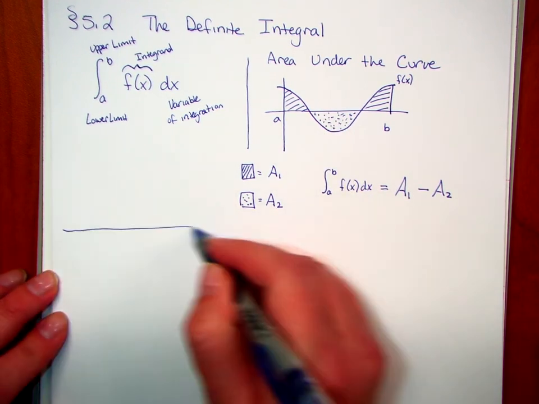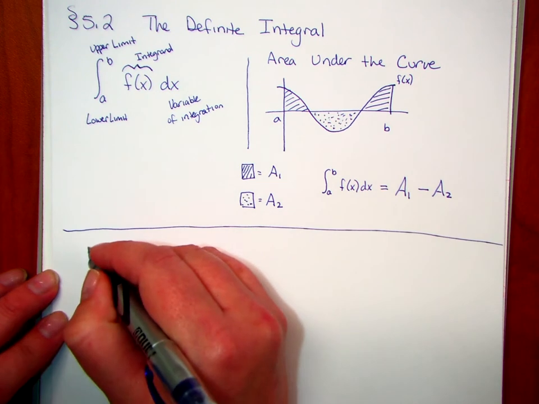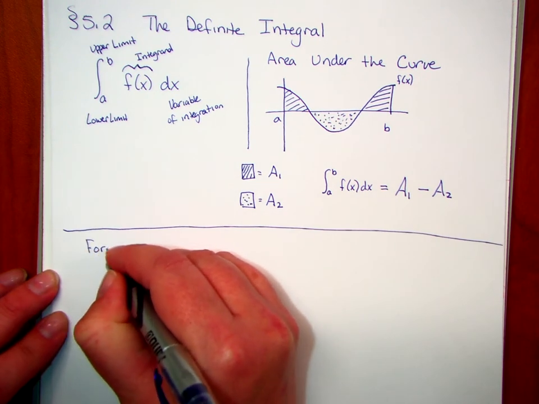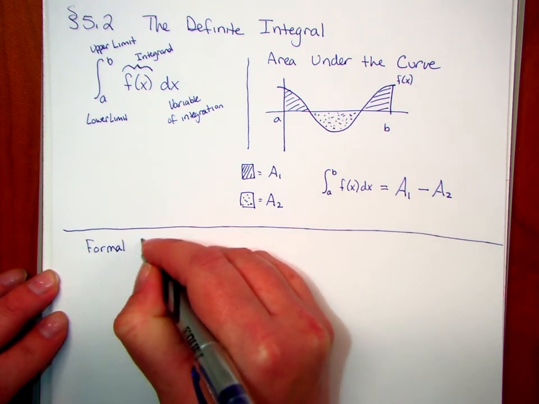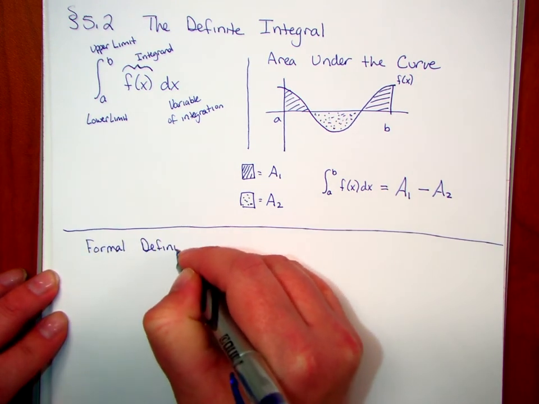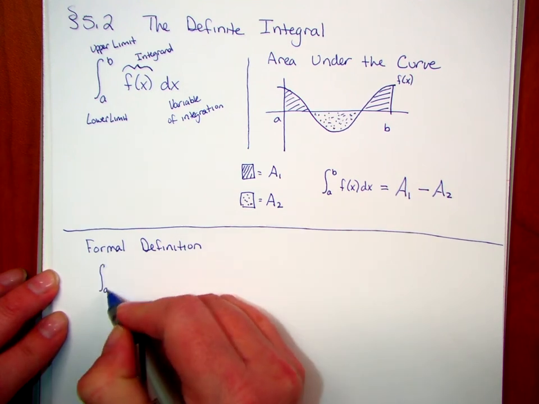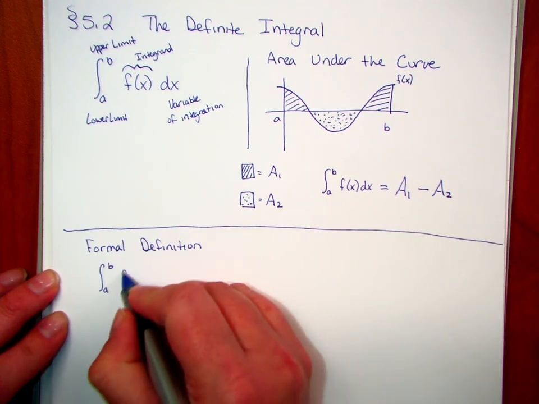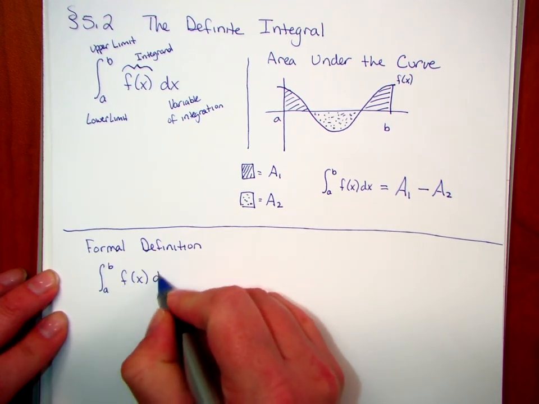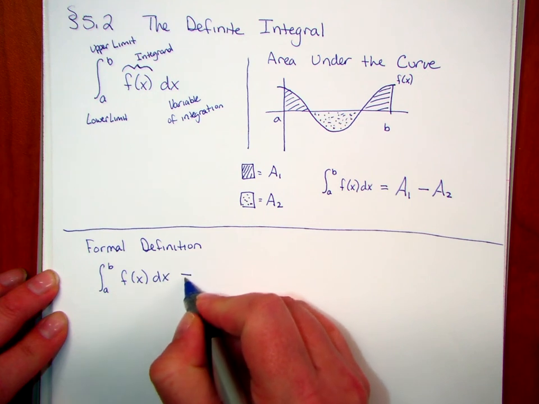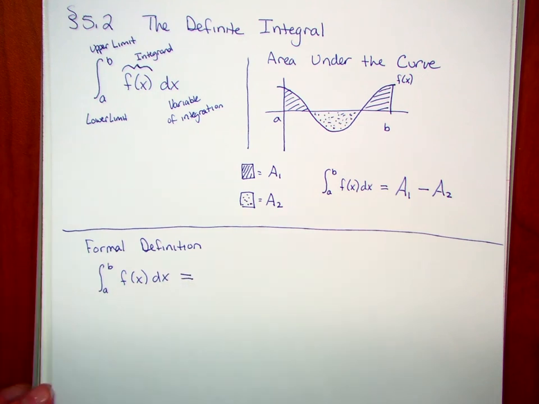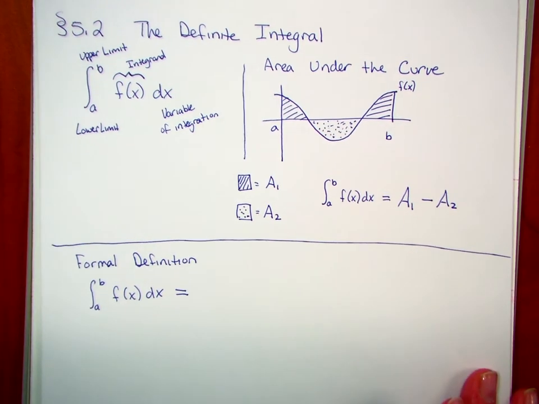All right, so here's the formal definition of an integral. When we integrate from a to b of a function with respect to x, we learned how to calculate using rectangles.